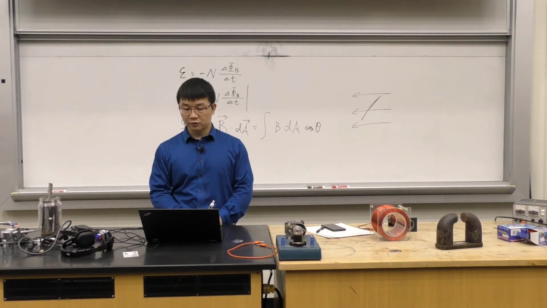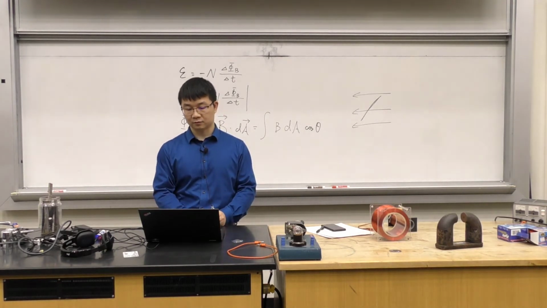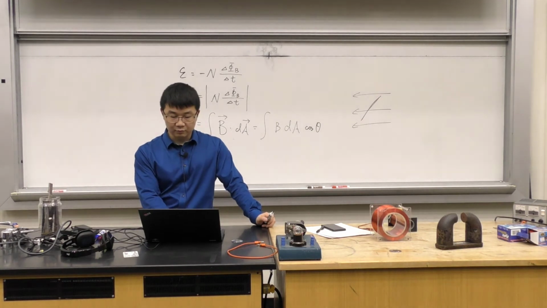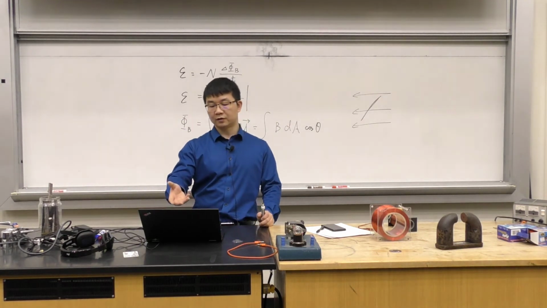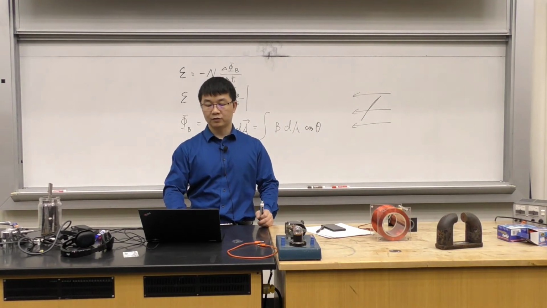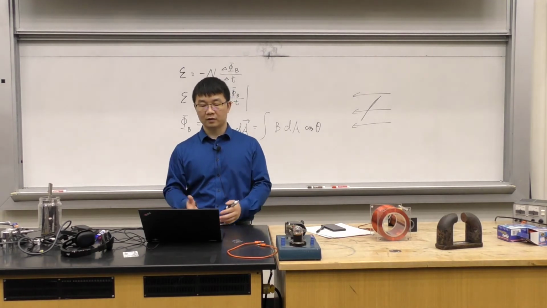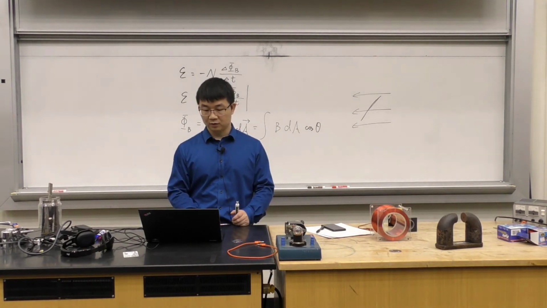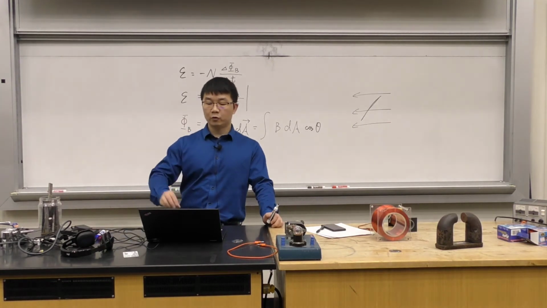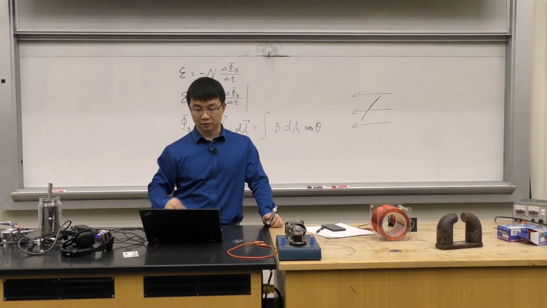But if you don't just use a single loop, and you use a very big piece of metal conductor, like this in slide 17, I'm not going to rotate or move a single loop in the magnetic field. I use a very big piece of conductor. Either you move the magnet or you move the conductor. So as long as there's some relative movement, there will be induced currents on this conductor, right?